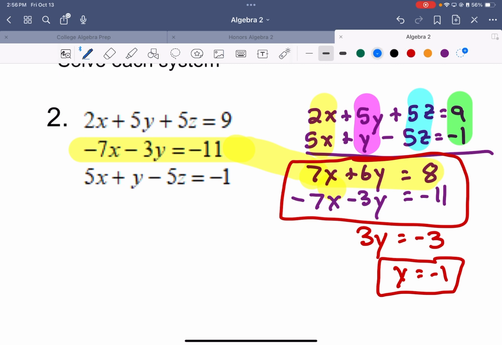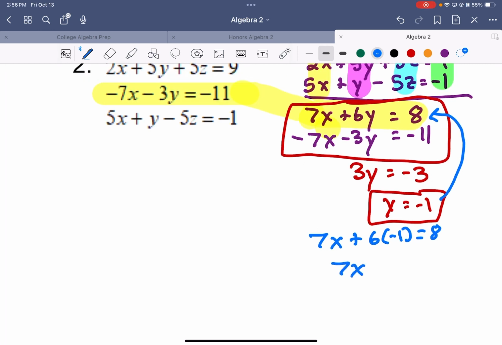So now that I have my y value, I'm going to go ahead and plug it into one of the equations that has two missing variables. I picked the 7x because I don't want to deal with -7x. So I rewrite it. 7x plus 6, my y value is -1.